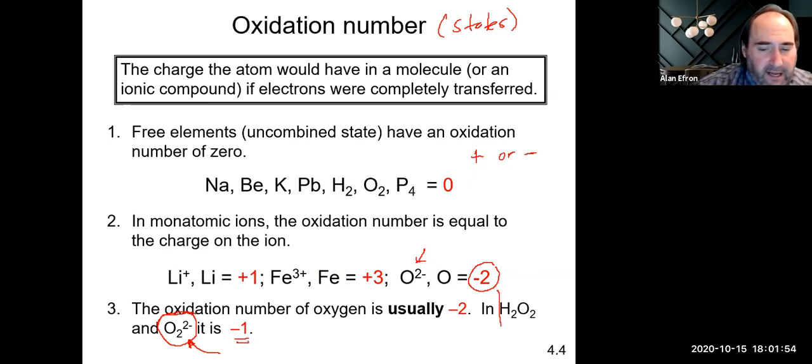So in something like hydrogen peroxide, the oxidation state of oxygen is -1, not -2. How do you know if it is peroxide or not? Usually you'll see an extra 2 on the bottom, and that's a lot of times how you can recognize it. Not 100% of the time, but that's a good way to think about it. So I would start with oxygen if you have oxygen involved.